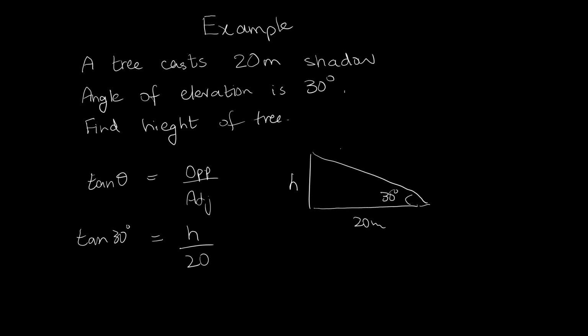Now to remember the value of tan 30, that's great. If you don't, just quickly write down the value of sine 30. You know, sine starts from 0, so sine 30 would be 1 over 2. And for cosine, it's root 3 over 2. If you divide them, just leave it there, because now you can see it's 1 over root 3.